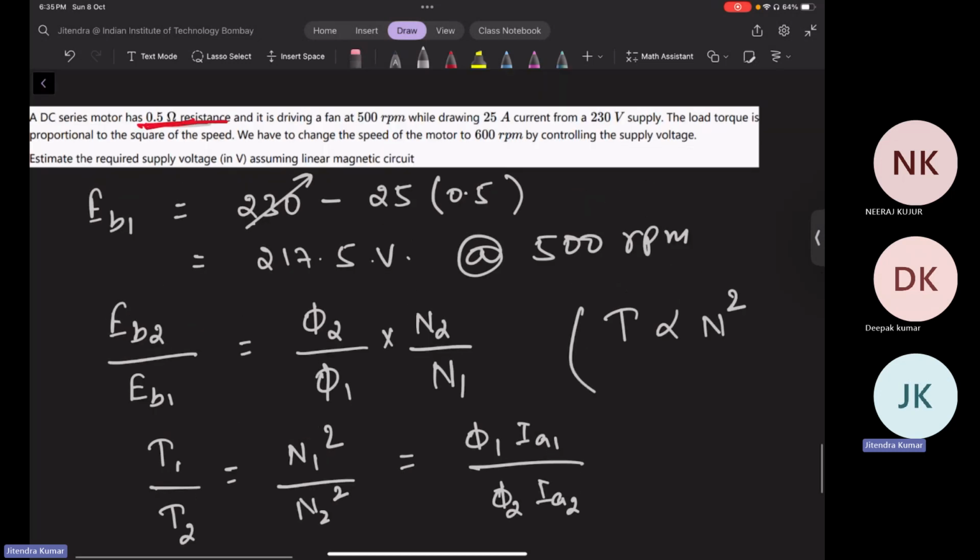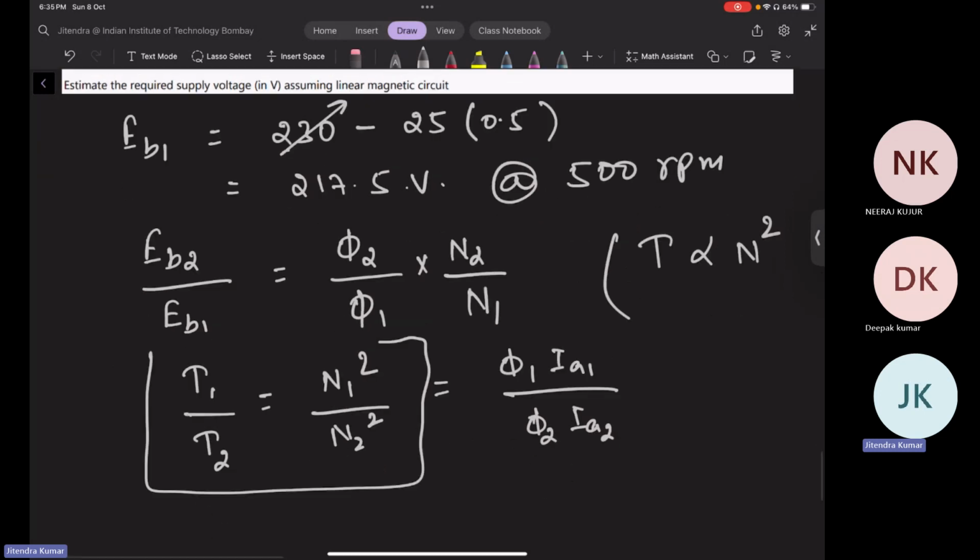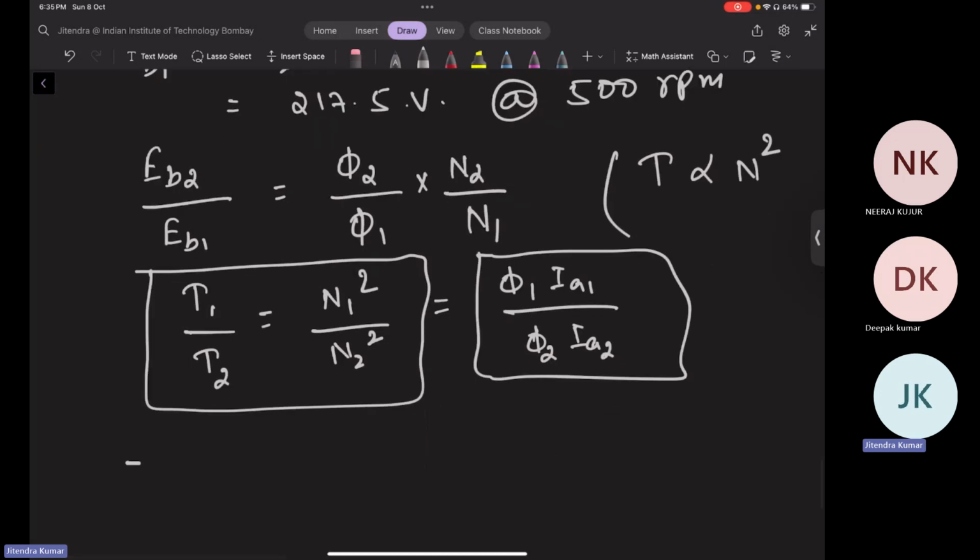Okay, so nothing about torque is related to torque and the speed relationship. This relationship was provided, and this is a universal relationship between torque and current. So what we can do, we know N1 by N2, right? 5 by 6 square divided by phi 1 by phi 2, or phi 1 by phi 2 is what? IA1 by IA2, right? Phi 1 is equal to IA1, we can say, when we are equating in terms of proportionality, so we can directly write it as IA1 square divided by IA2 square.